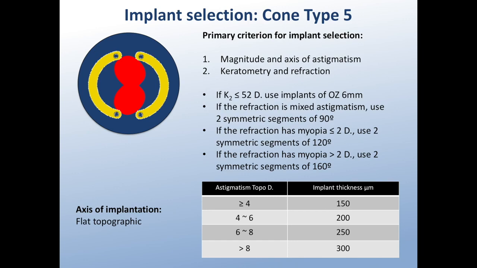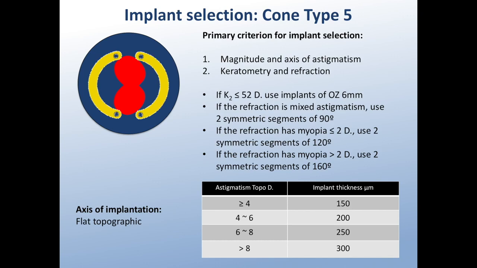If the refraction has a myopia inferior to 2 diopters, it is necessary to use 2 symmetric segments of 120 degrees. If the refraction has a myopia of greater than 2 diopters, it is necessary to use 2 symmetric segments of 160 degrees. So, myopia has, in this type of keratoconus, a decisive role in choosing the arc.